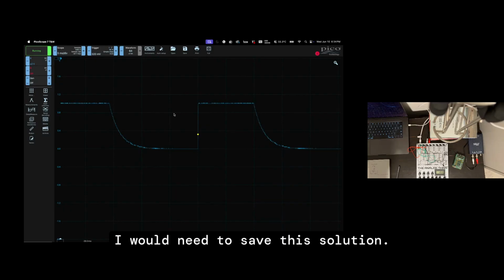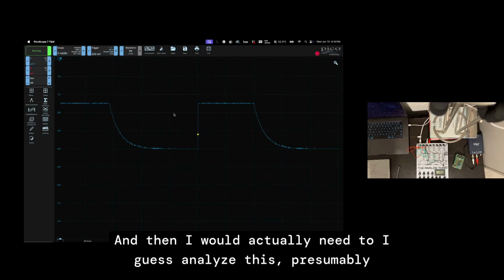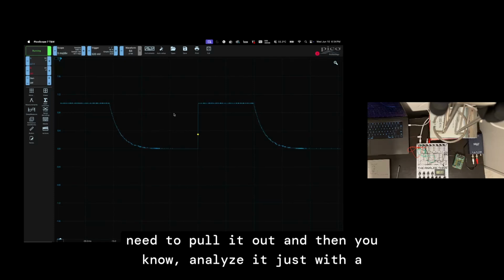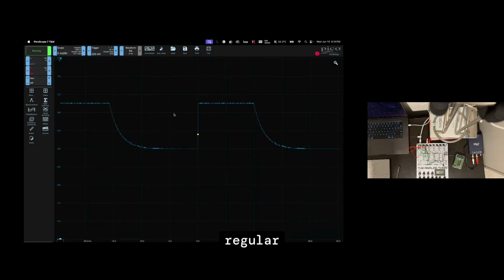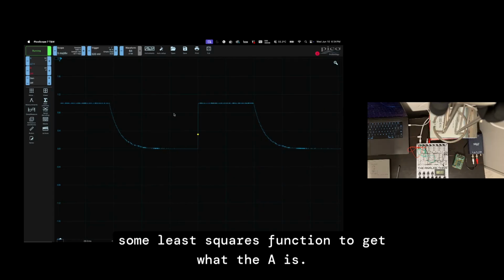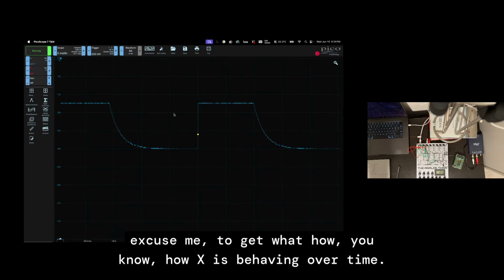I would need to save this solution, and then I would need to analyze this, presumably using a digital computer. I would need to pull it out and analyze it using some kind of least squares function fit to get how X is behaving over time.